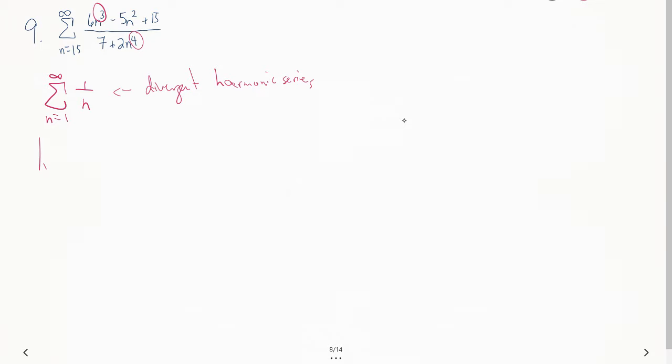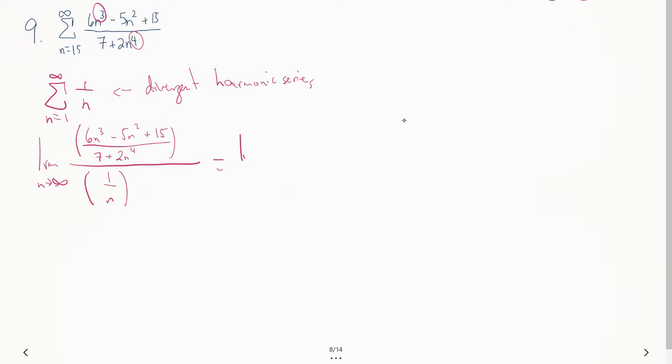Okay, so when we do this, we're going to take a look at the limit as n goes to infinity of (6n cubed minus 5n squared plus 15) all over (7 plus 2n to the 4th), all over this should be 1 over n.